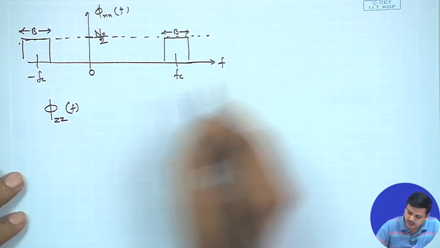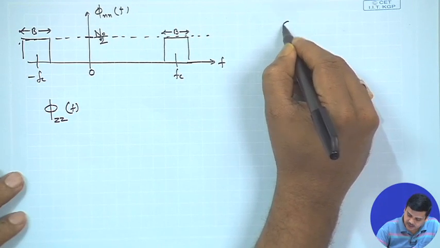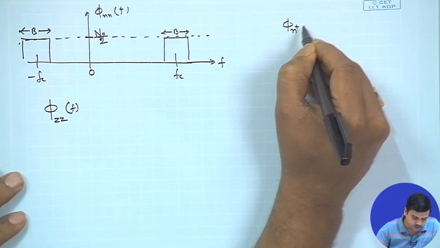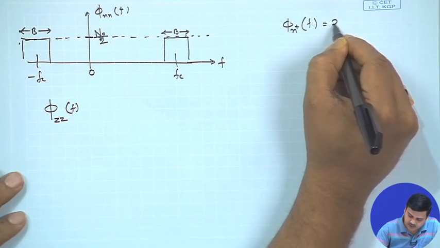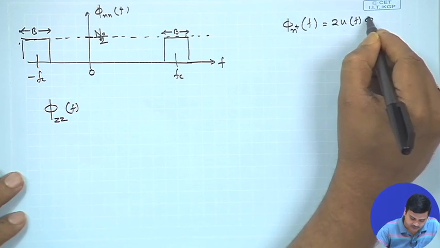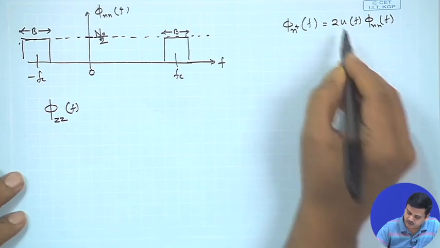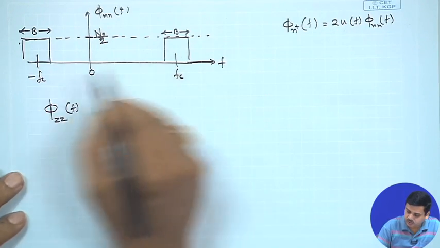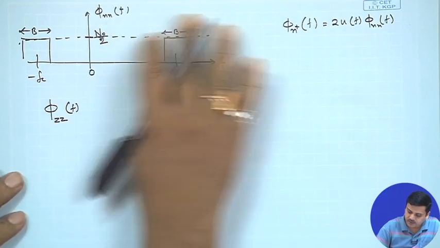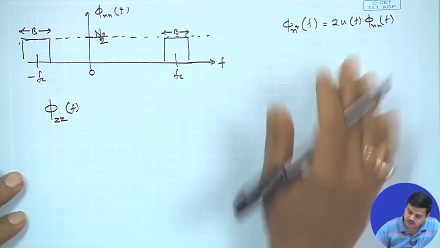We will use, as we had done before, phi n plus, that means only the positive frequencies, which is 2 u of f phi n n of f: 2 because there are two sides, and u means we are going to take only the positive. So, this is one way of doing it.